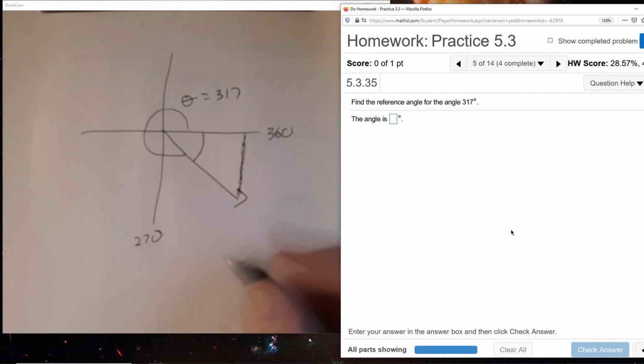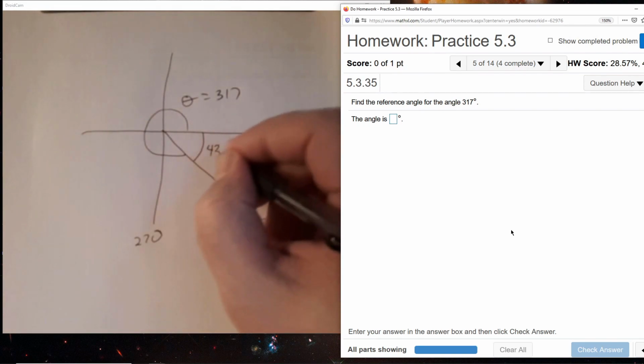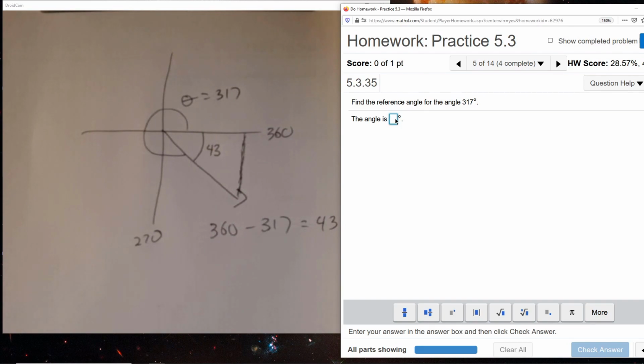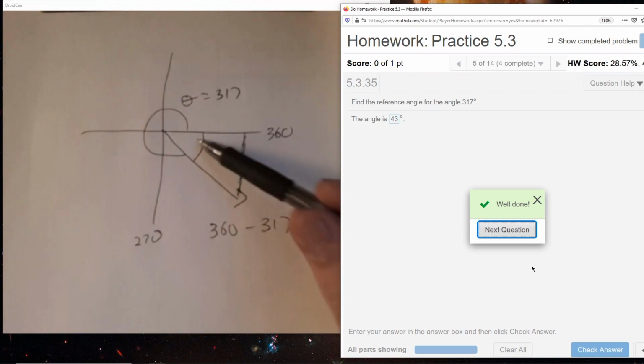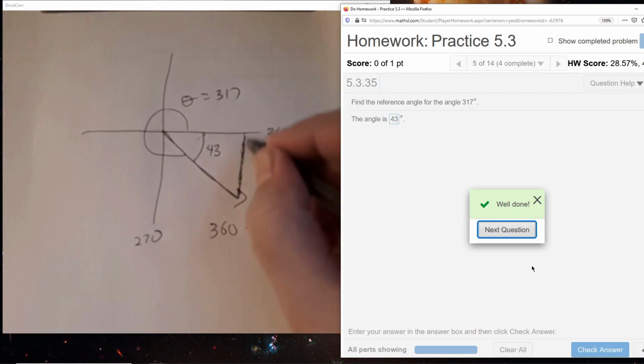So to find this difference, we just do 360 minus 317, and we'll find this is 43. And that is our reference angle. It's the interior angle of our right triangle.